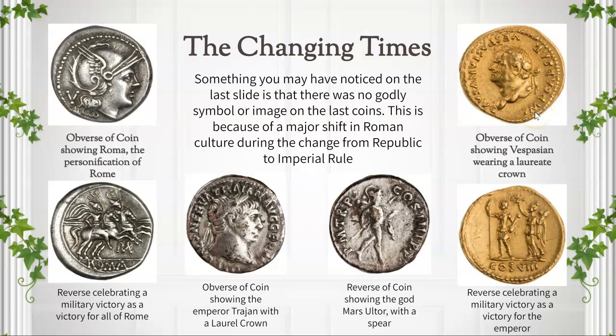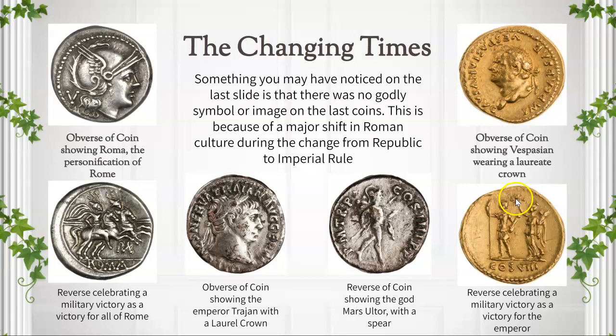And then the last one on this page is this coin of Vespasian. So on the front, just like on the coin of Trajan, you can see the figure of Vespasian. But on the back is where you see the main difference. This here is not another deity standing. This is actually another figure of Vespasian. But back here is the personification of victory for Rome, also known as Nike.